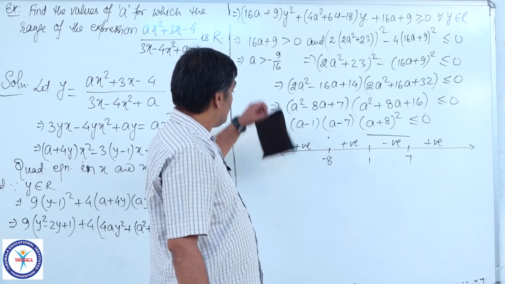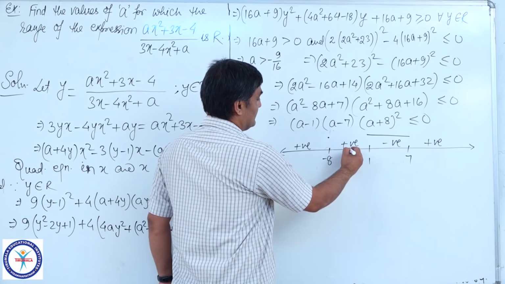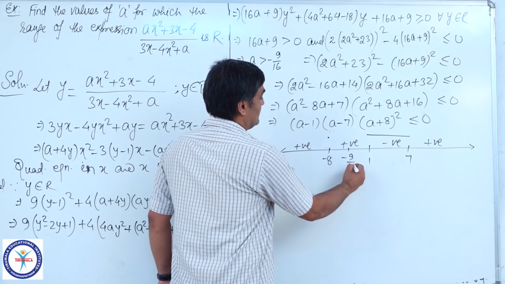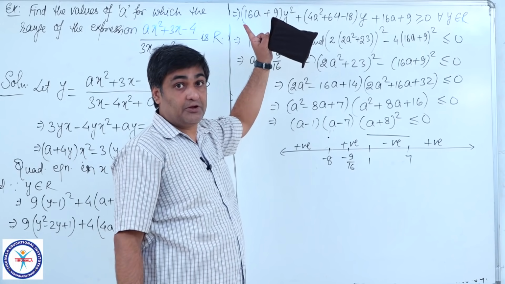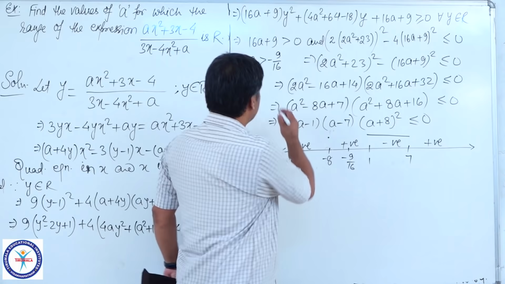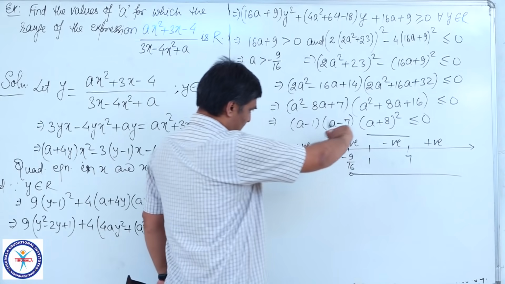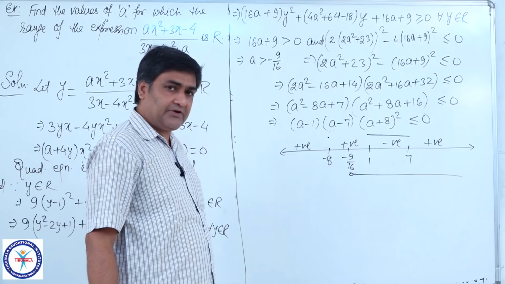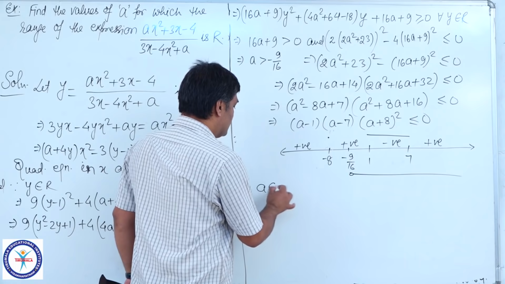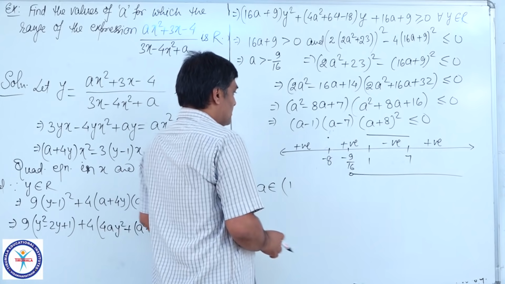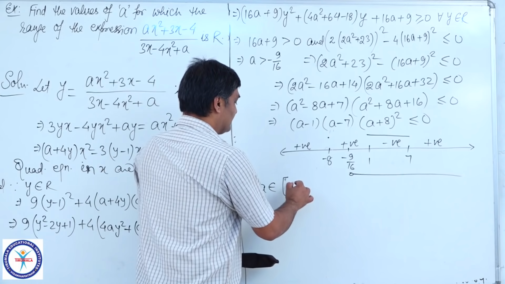Now, where is minus 9 by 16? Here. Why? Because the coefficient of y square has to be positive also. So it is like this. So can we take the common region? Yes. Therefore, a belongs to the closed interval 1 comma 7.